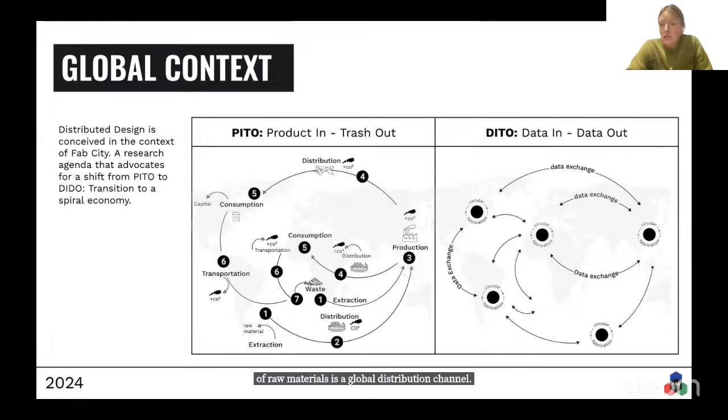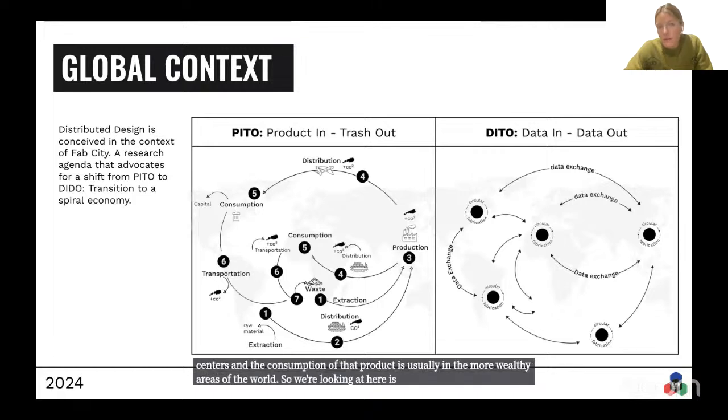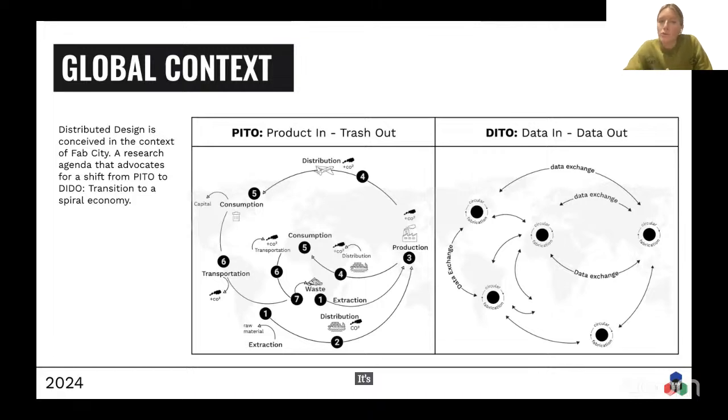The transportation of product is global. The production of product is usually centered in the less economically wealthy centers. And the consumption of that product is usually in the more wealthy areas of the world. So we're looking at here something that is extractive. It's a product in, trash out model, which we call in Fab City PITO.